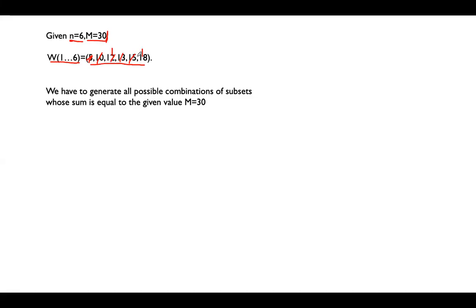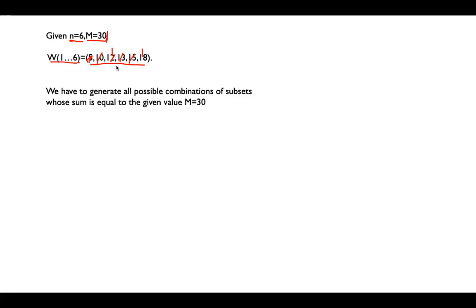So there are 3 subsets in these elements whose sum will be 30. You need to find those 3 subsets using backtracking. Anyhow, by looking at the values you can easily identify those 3 subsets, but if the n value is very large, then applying backtracking will be a better solution.